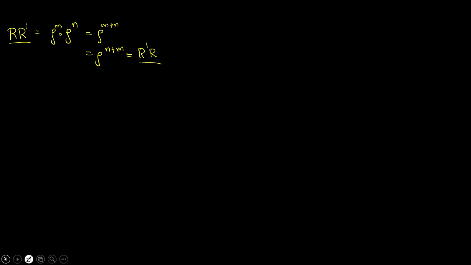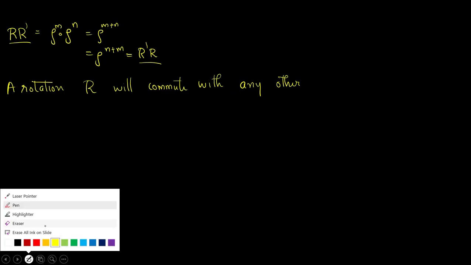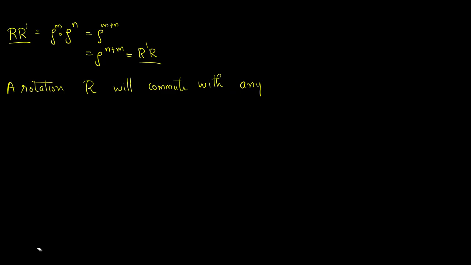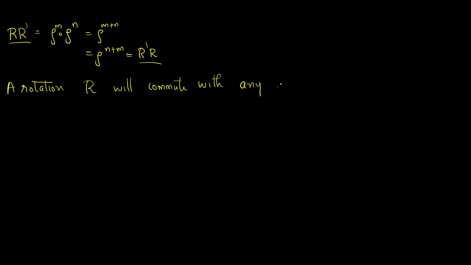If I am taking a rotation R, it will commute with any other rotation, and of course a rotation R will commute with itself also. So a rotation R behaves very well with other rotations.